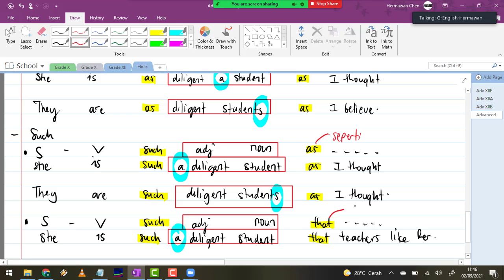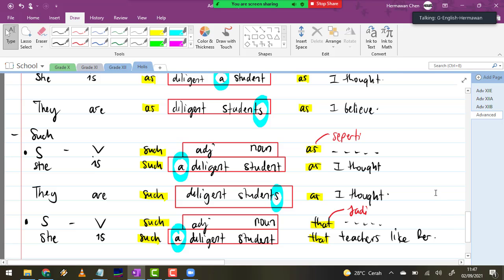What is the meaning of that? Jadi, look at the meaning. Dia anak yang rajin, jadi guru-guru suka sama dia. That's the meaning. But above, the meaning is dia anak yang rajin seperti yang saya kira. Seperti. Yes.